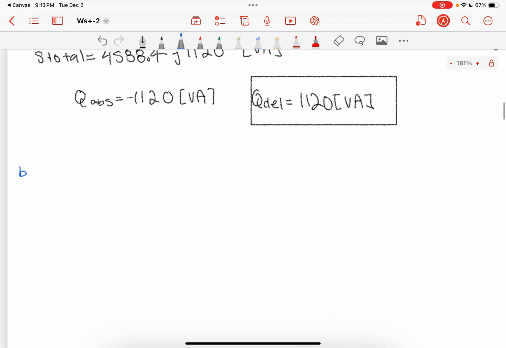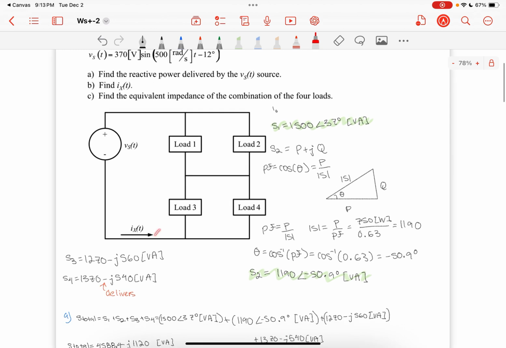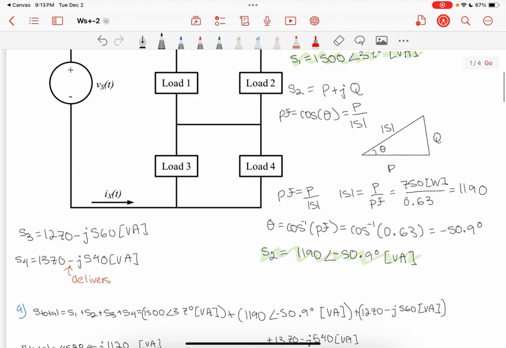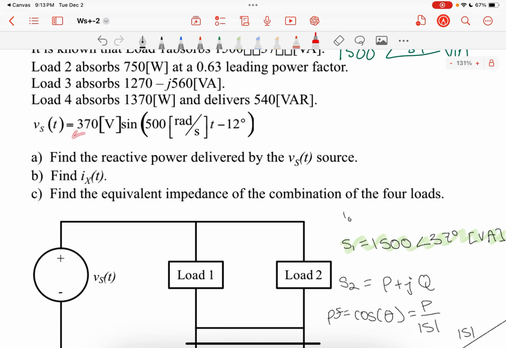And then for part B, we're asked to find Ix of t. I'm going to use the equation S is equal to VRMS times IRMS conjugate. Now we're given Vs of t, and we can use this to find VRMS. We also need to know that it's given in sine, and to convert this to cosine, we're going to have to subtract 90 from this angle.